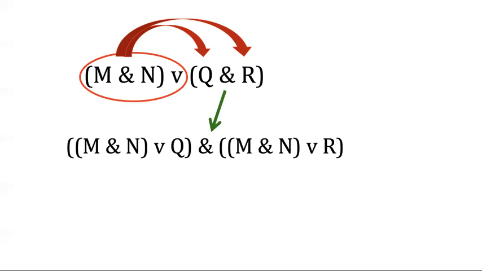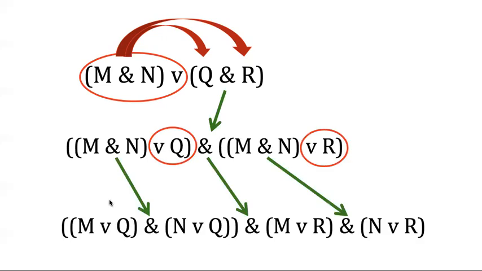Okay, that was your last chance to work it out. This is what it looks like. I take this disjunction and now I'm pushing it onto this conjunction. So that's why I get M or Q and I get N or Q. And I take this disjunction, the or R, and I put it onto M and I put it onto N. And again, this one is my main connective, of course, so it drops down here. Then once I push R onto these, that one drops down to here, this one drops down to here. It's structurally the exact same pattern that we saw before.